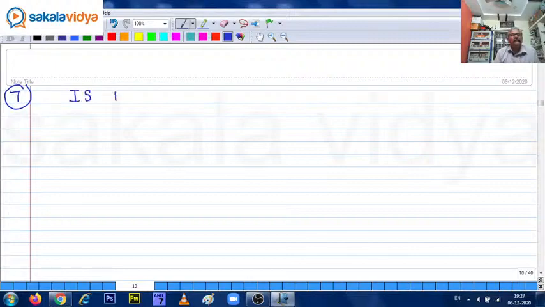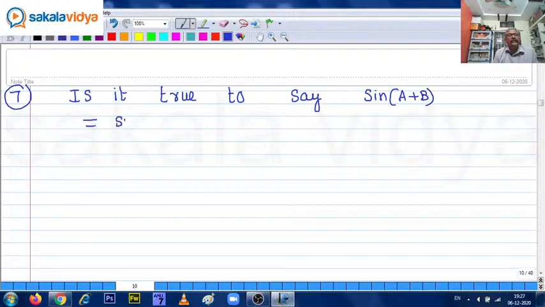Is it true to say sin of a plus b equals sin a plus sin b? Is it true to say sin of a plus b is equal to sin a plus sin b?